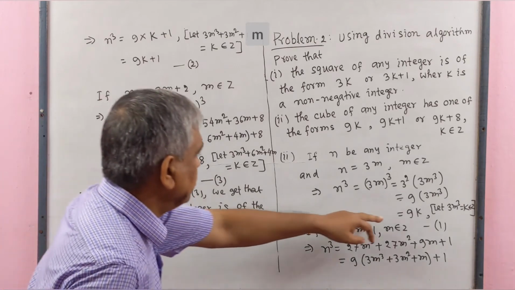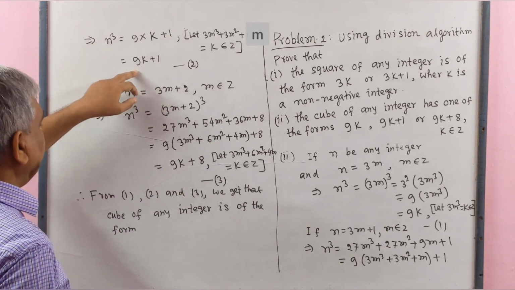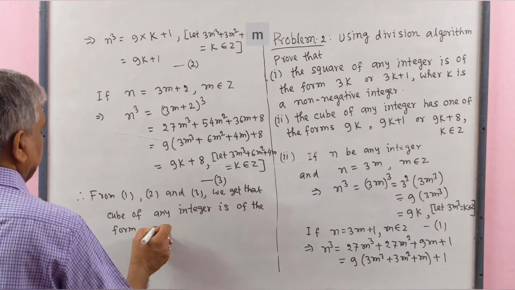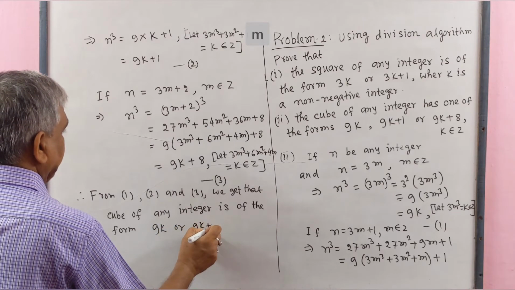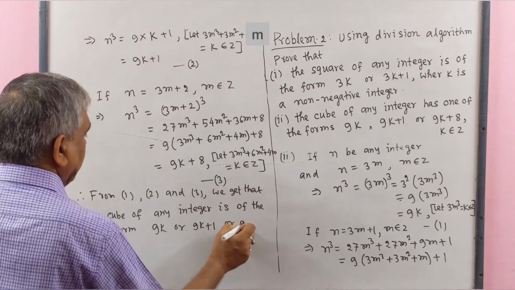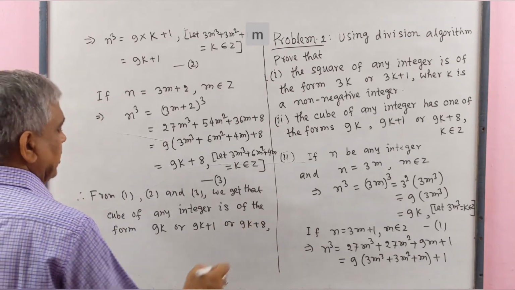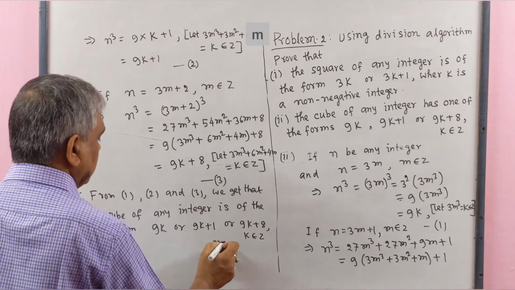In 1 we see 9k, in 2 we see 9k plus 1, in 3 we see 9k plus 8. k belongs to Z. Proved.